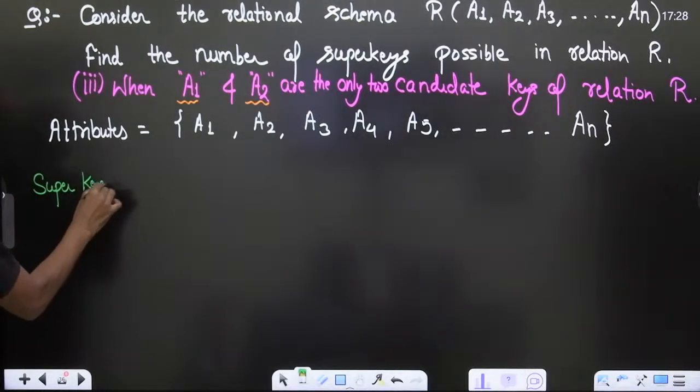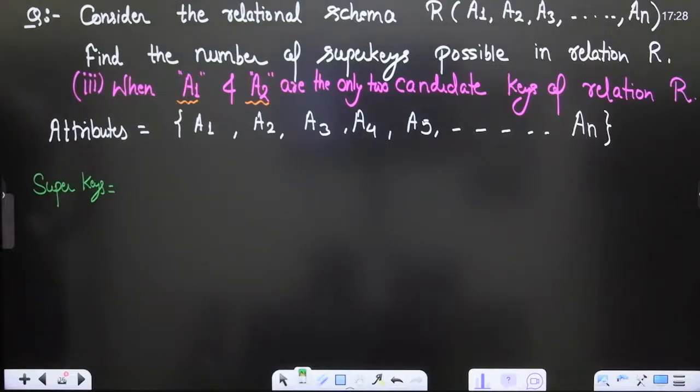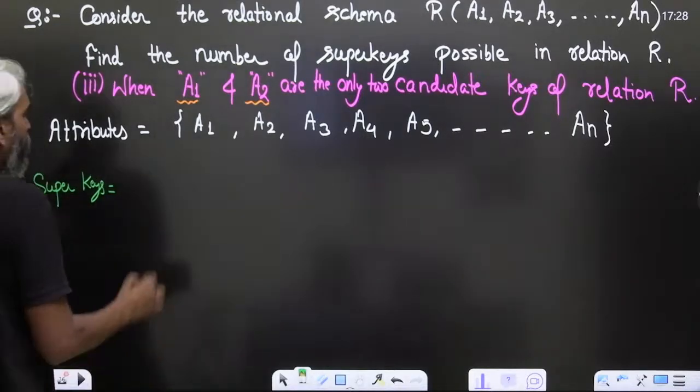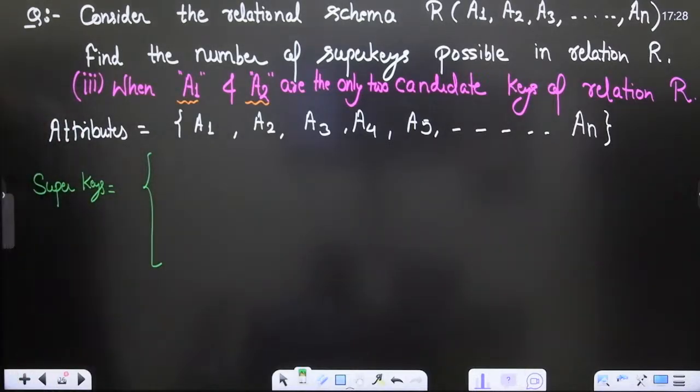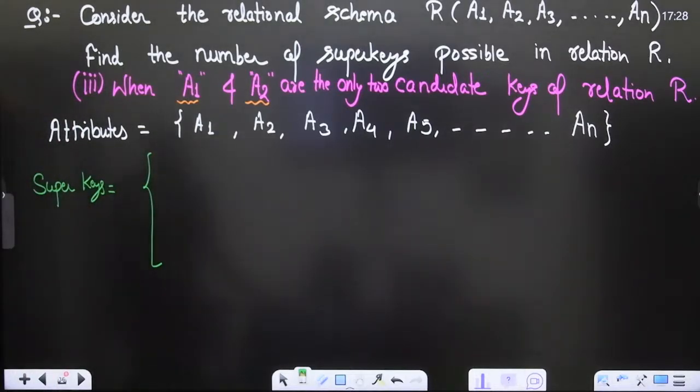If I ask you for these super keys, listen to me very carefully now. What did I say? At least all attributes of at least one candidate key should be present.